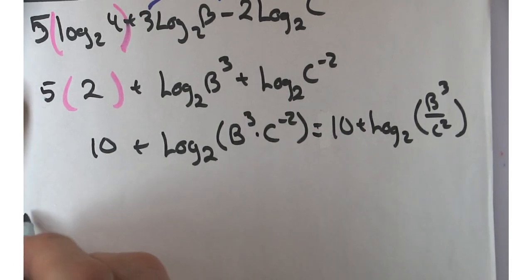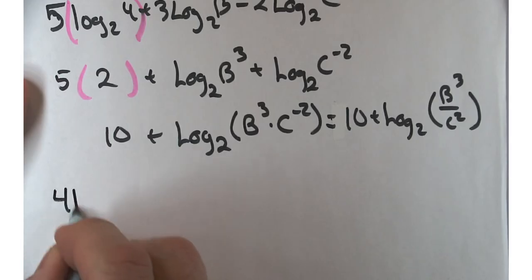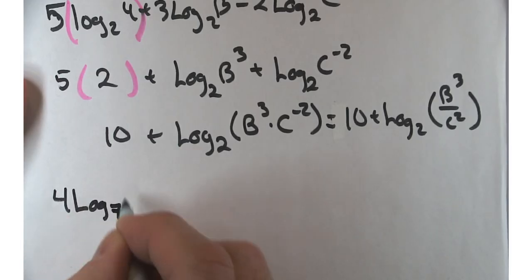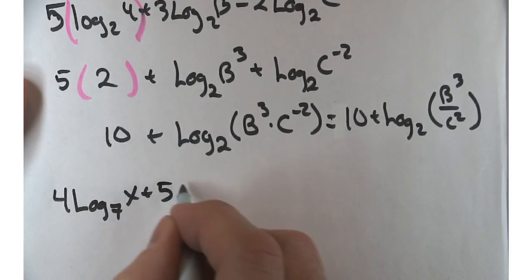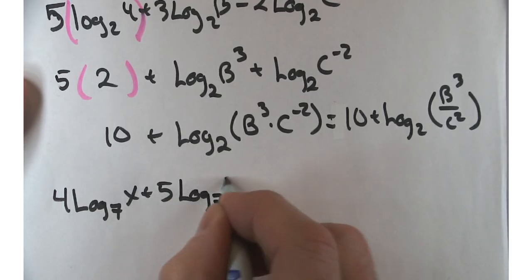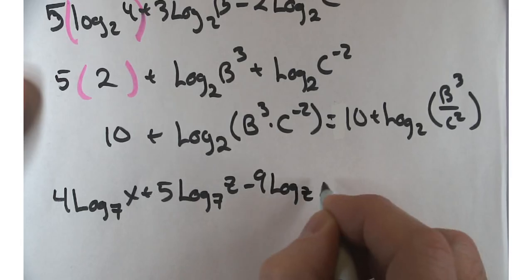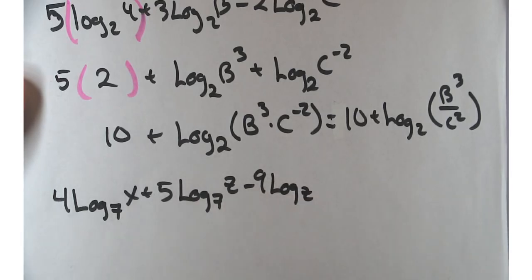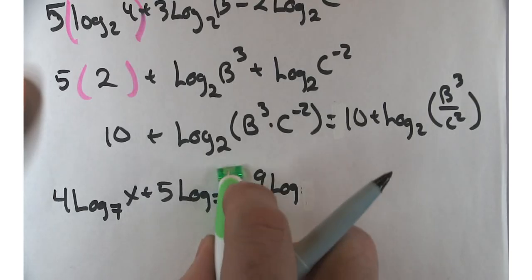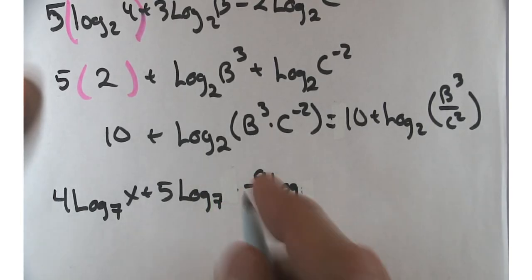So 4 log base 7 of x plus 5 log base 7 of y minus 9 log base 7 of z. I messed up a moment ago; it should be a y, and this is a z.